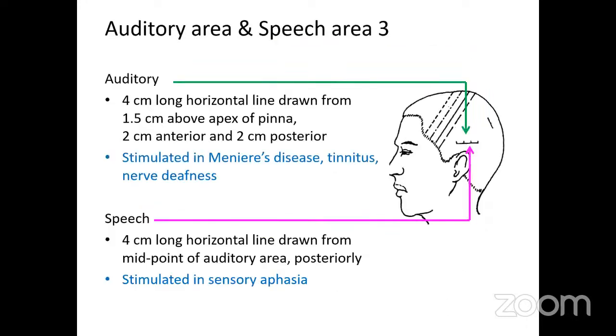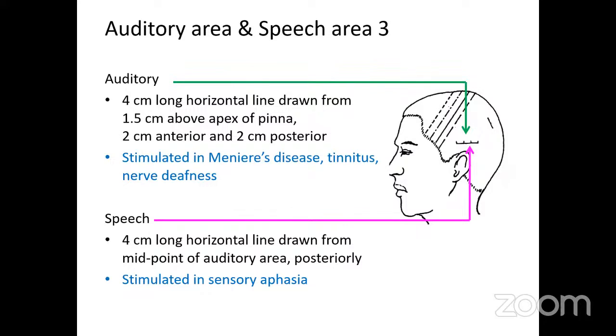Now, auditory area, this is at the pinna, tip of the pinna, and this response corresponds to also the speech area 3. One was in the motor area, lowest 2/5. Second was the line drawn from the posterior inferior point of the parietal tubercle. That was speech area 2. Now this is speech area 3 and auditory area.